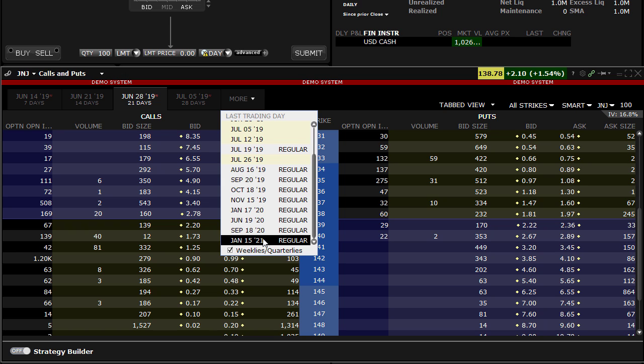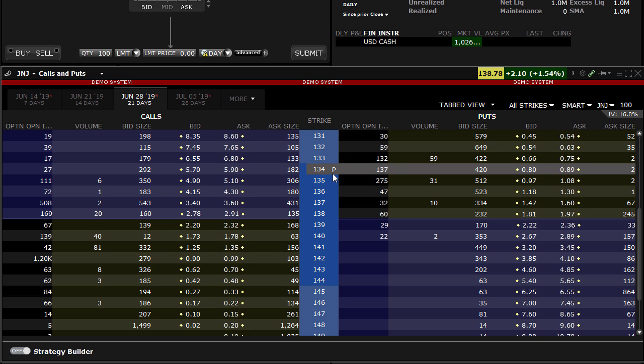That's almost like buying the stock outright, because if you were to buy a deep in the money call option, I don't know how deep these strikes go on Johnson and Johnson. So let's say we were to pull up that option just as an example.